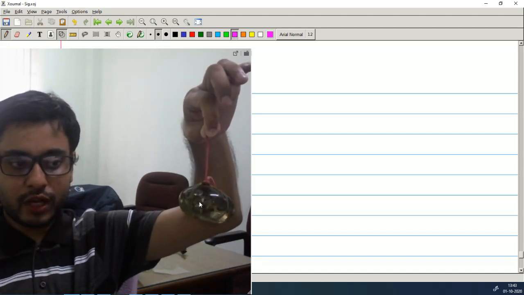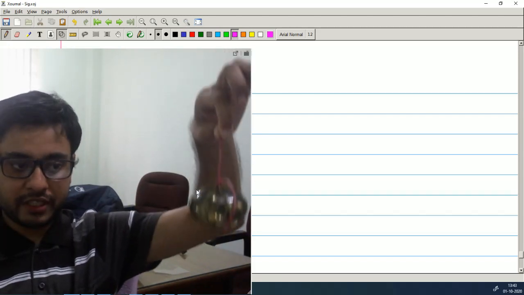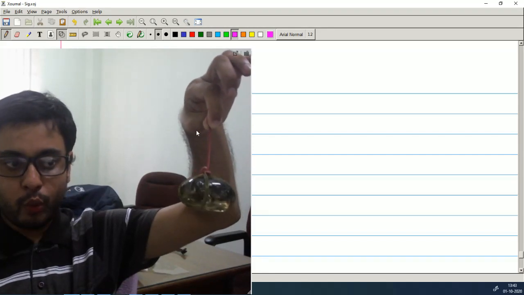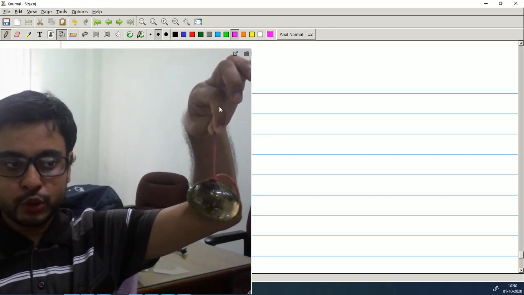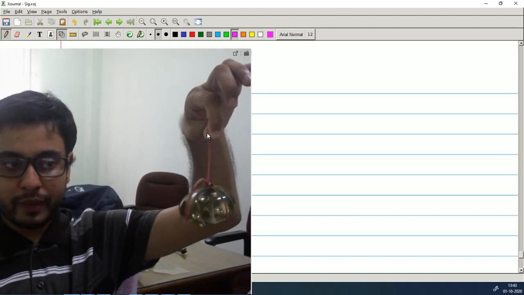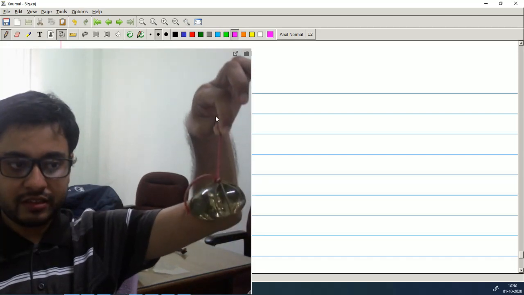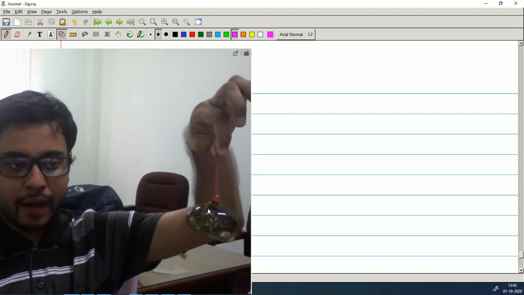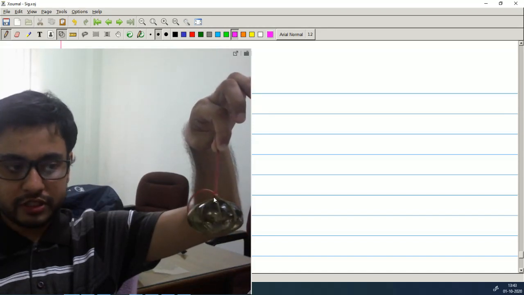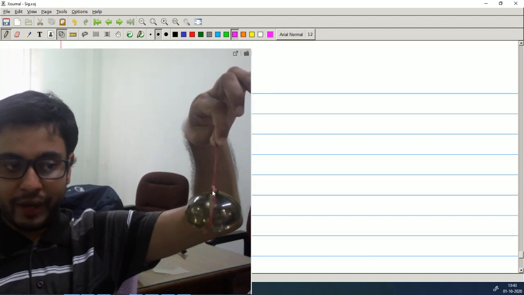Then this pendulum also moves up and down sinusoidally. Now you have to watch the amplitude of the input, that means how much I am moving my finger, from here to here, and the amplitude of the output, the position of this weight. You also have to notice how much this is moving.